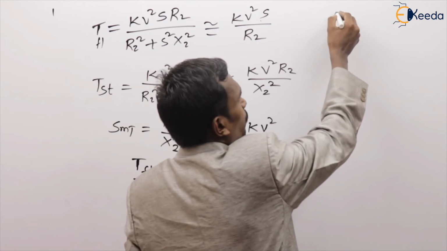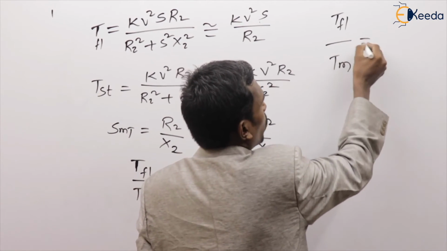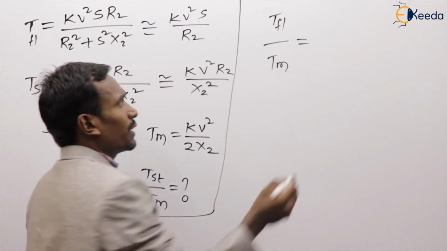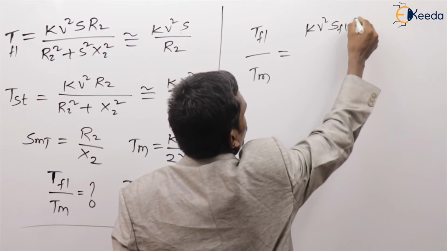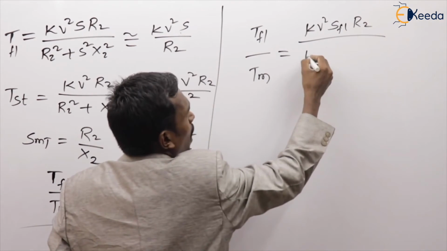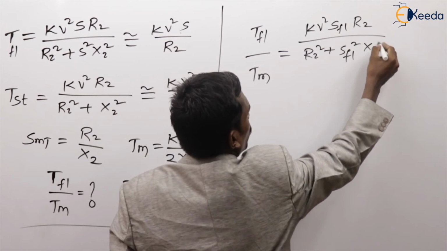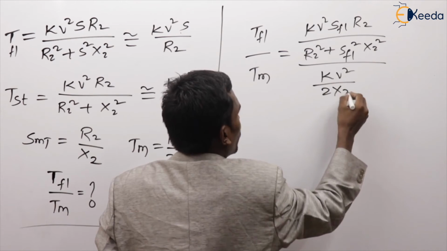Take the full load torque to the maximum torque. What is the full load torque formula? Kv square into S full load into R2 by R2 square plus S full load square into X2 square, divided by Kv square by 2X2.